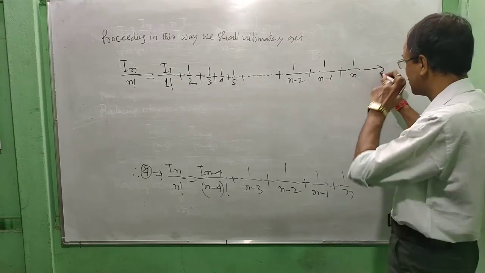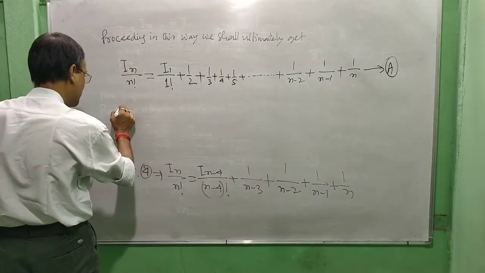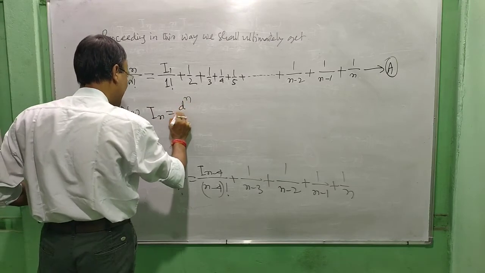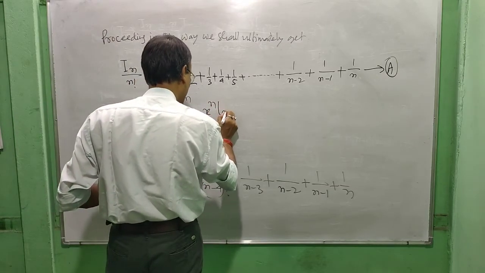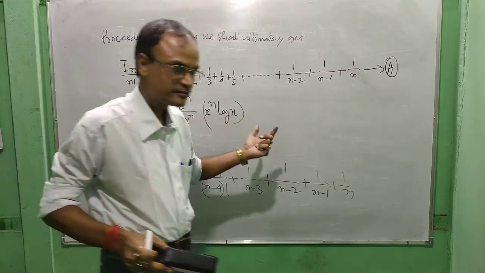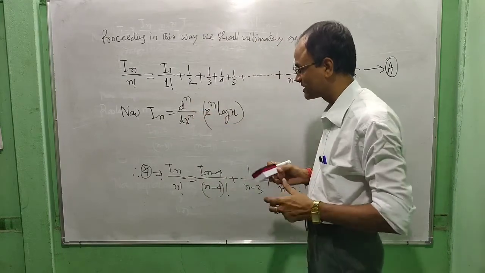Now, suppose this is number A, I am writing it here. Now, I_n is equal to d to the power n by dx to the power n of x to the power n log x.